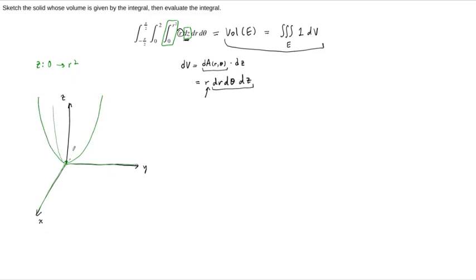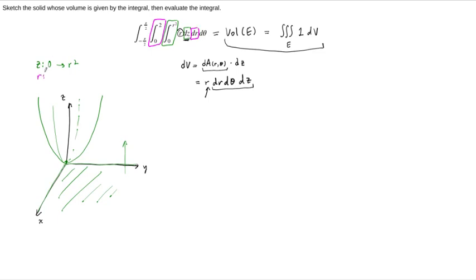Once we have these two boundaries, now we know that our solid is bounded between the floor and this paraboloid. The question now is where is it bounded in between these two? That's where we work to the next integral.